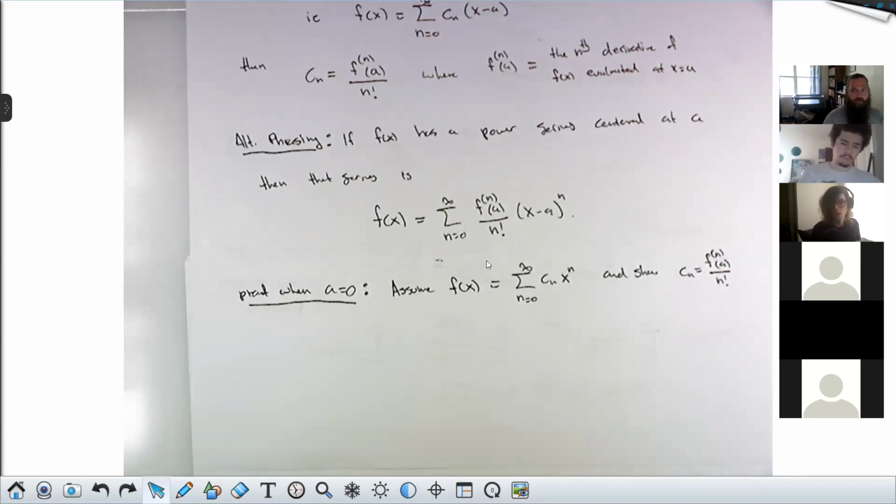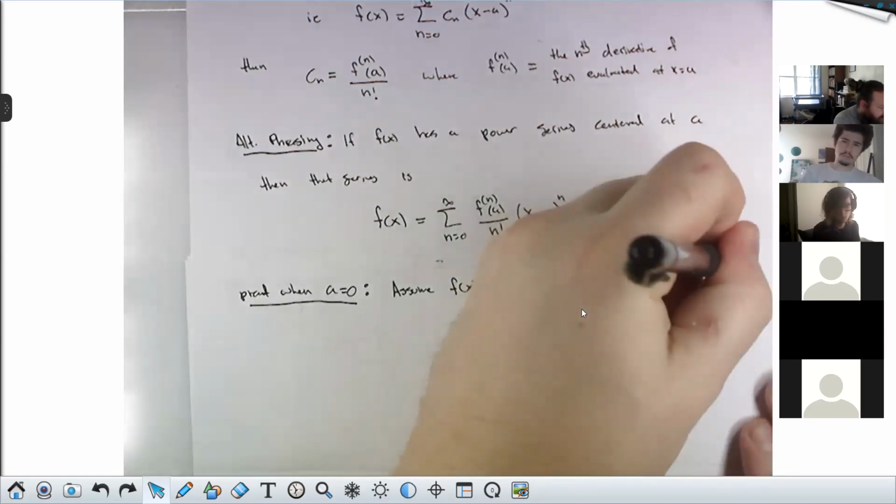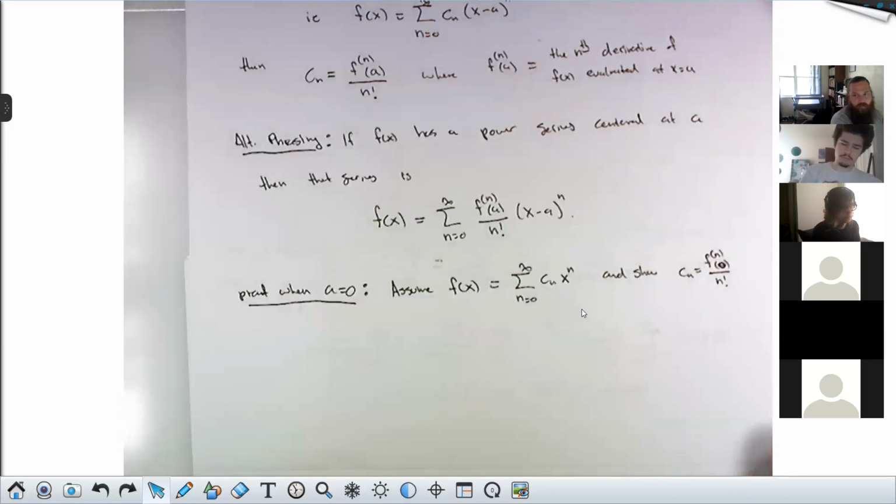And the way you do this is kind of the only way that makes sense. You write this out long form and you differentiate, then plug in the center, differentiate, then plug in the center. Here, sorry, a is 0, right? So this should be f^(n)(0) over n factorial.